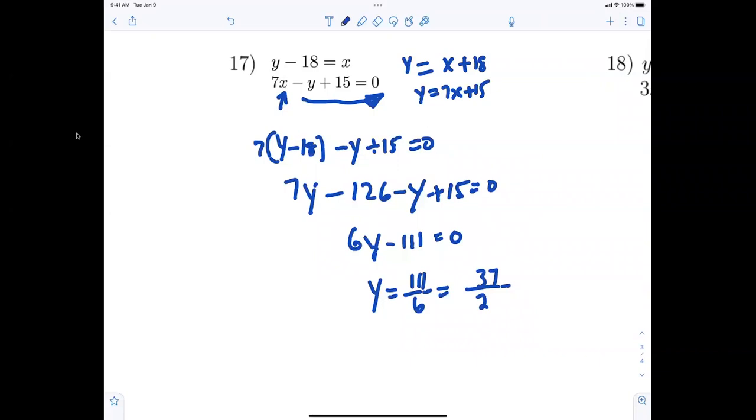I got decimals for the intersection. Hit math, enter. What's going on here? What did you get, Charlotte? Oh, 0.5, 18.5.